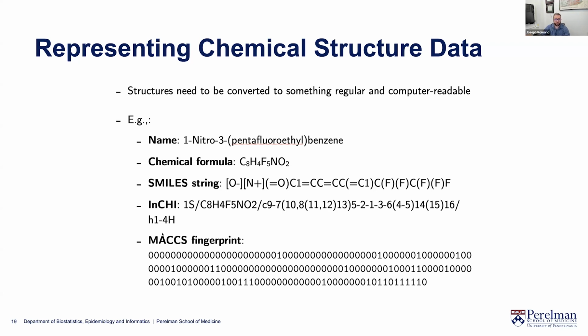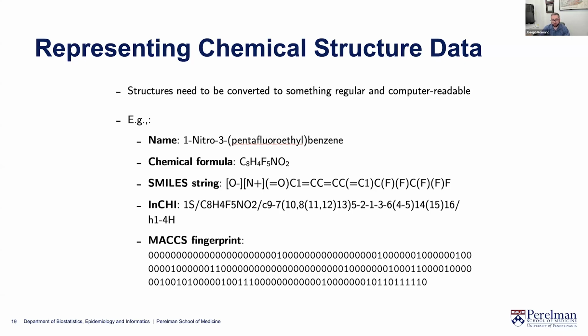Then we have some computationally interesting ways using things called the SMILES string or the InChI key, or this more regular AI-ready version called a fingerprint. What the fingerprint does is it asks a bunch of yes or no questions about this chemical structure. For example, that first question might be, does this chemical compound contain an aromatic ring or not?